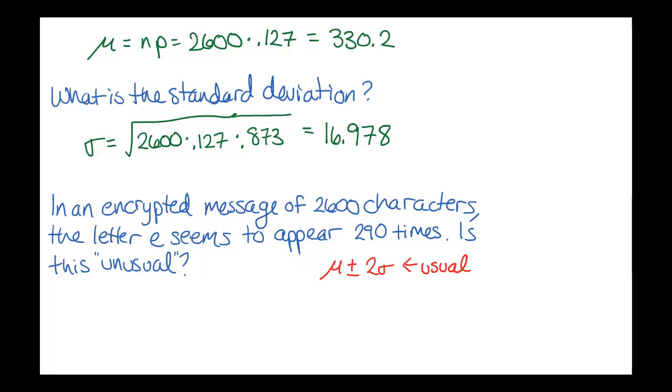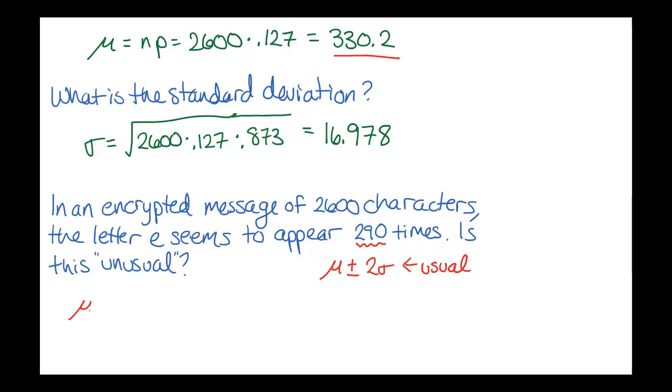So here we're asking if we had a message that had 2,600 characters and the letter E came up 290 times, is this unusual? Well, the fact that 290 is less than our mean means that this is a low value. This is less than what we would expect. But to know if it's unusually low, we need to see what the range of usual values is.